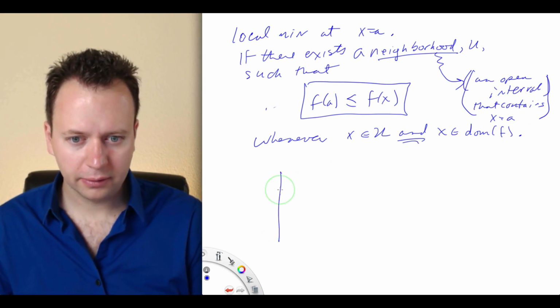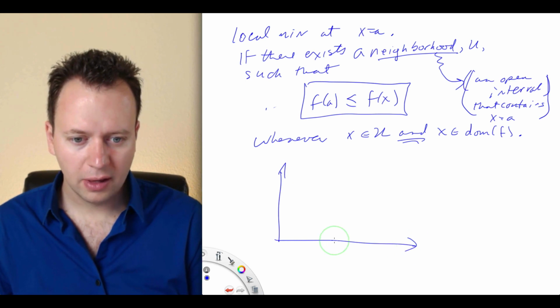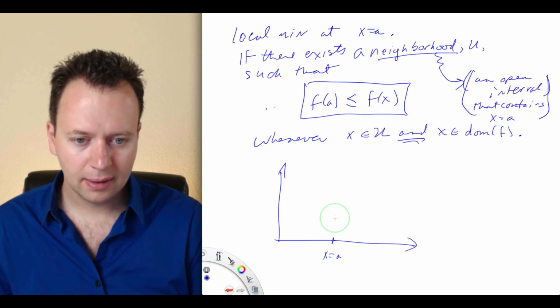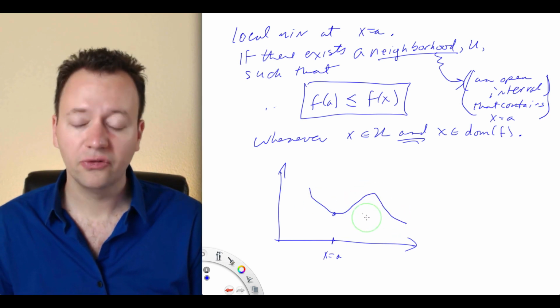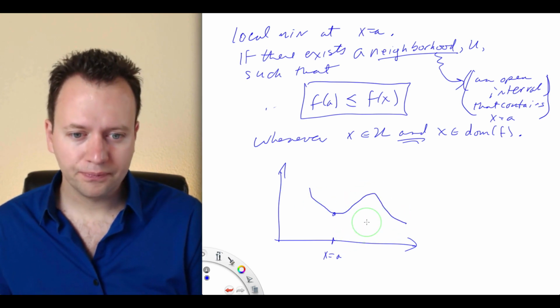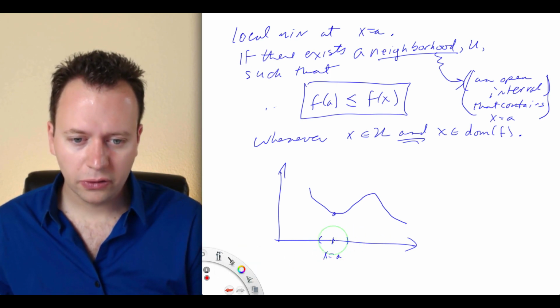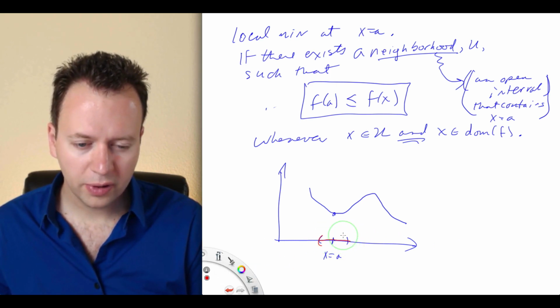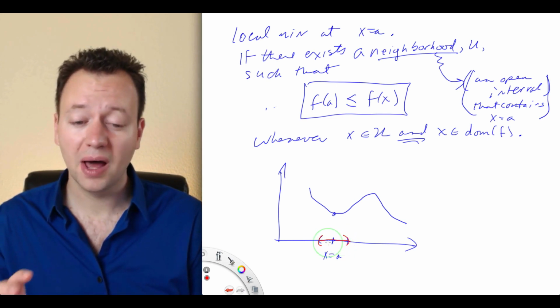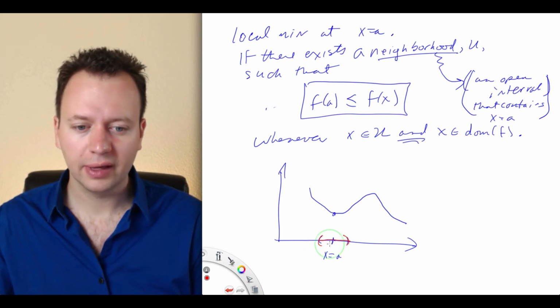So in other words, let's just look at a graph. Here's x equals a, and here's some function like this. So here's an open interval that contains a. This open interval right there is our neighborhood about a.